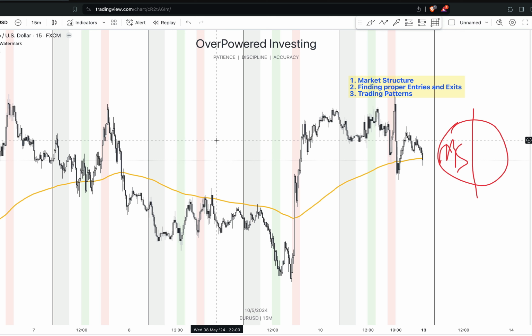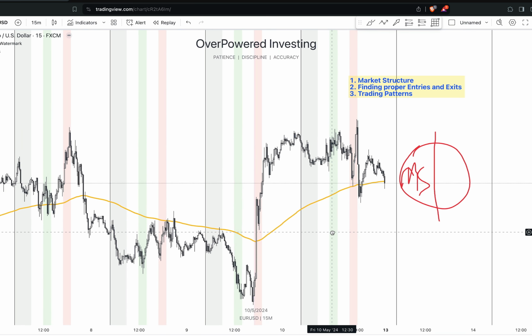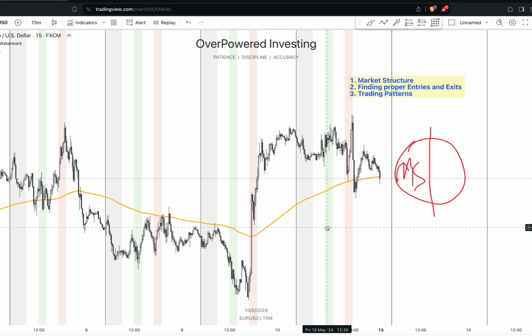Let's imagine green is a win and red is a loss. You don't know the outcome of your next trade, but you know for sure that if you make 100 tries, 50 of them are going to be red and 50 of them are going to be green. So this is how patterns work.